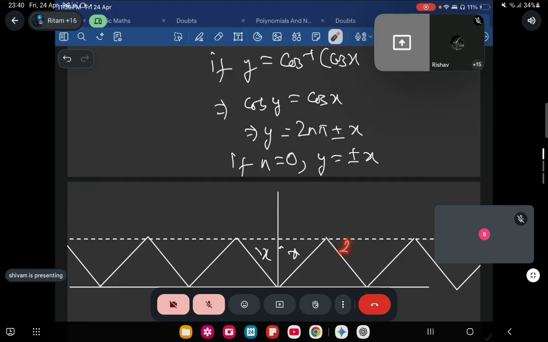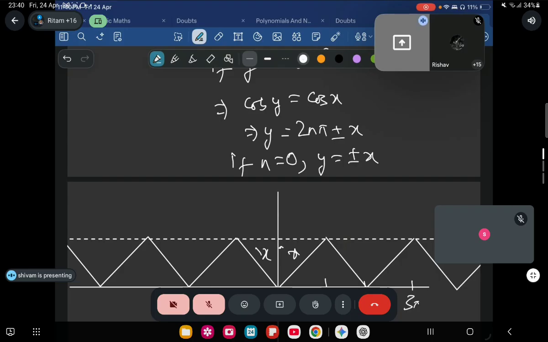This point is pi, this point is 2 pi, this is 3 pi, and over here 4 pi. So it will be 2 pi minus x. Next, what is the next branch?